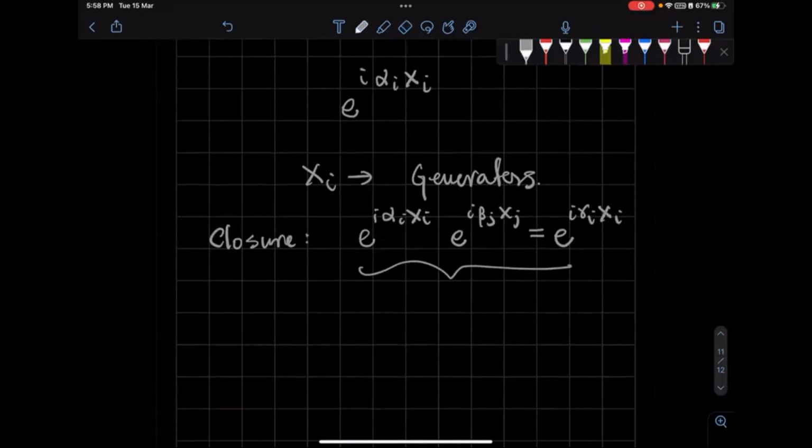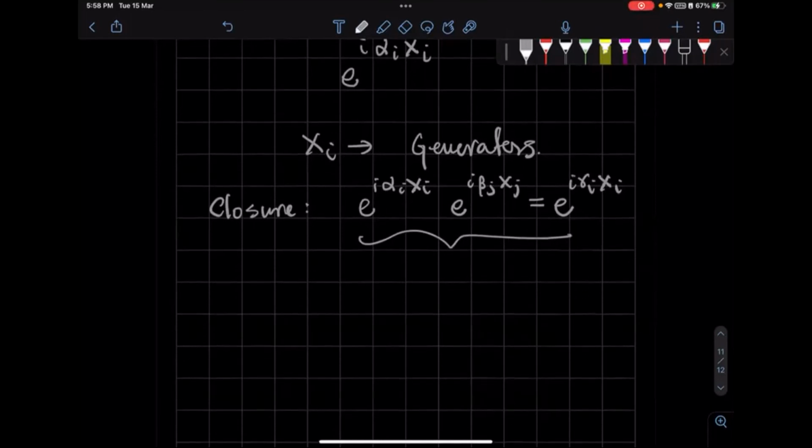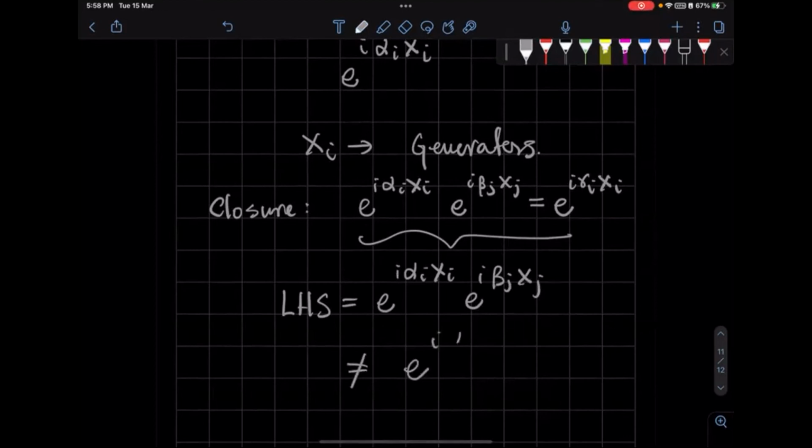Why second order? Because we know that for non-abelian Lie groups, if I take the left-hand side, this multiplication in general is not going to be equal to e to the i(alpha_i plus beta_i) xi. In general, for Lie groups, this is not true.